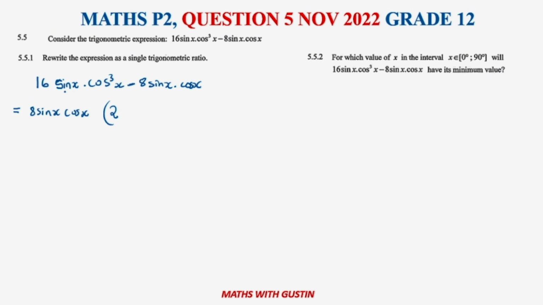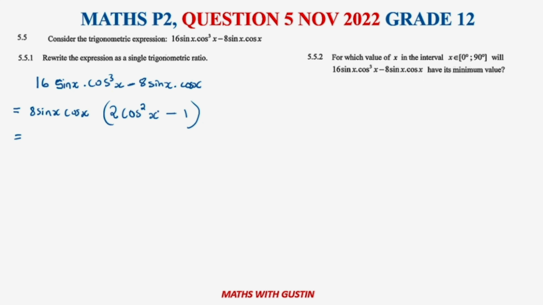Sine is already out. We're going to be left with 2 cos squared x minus 1, close bracket.